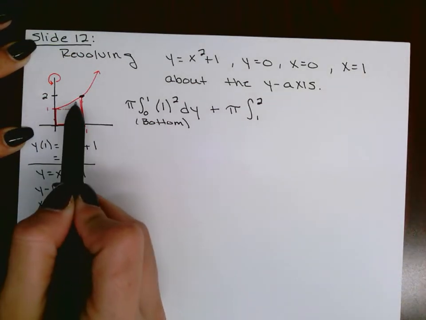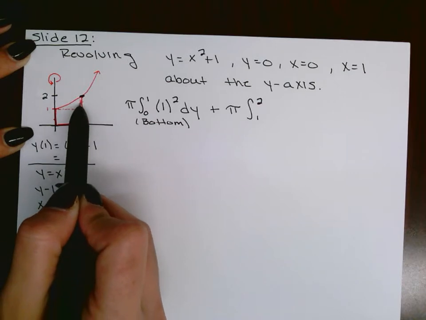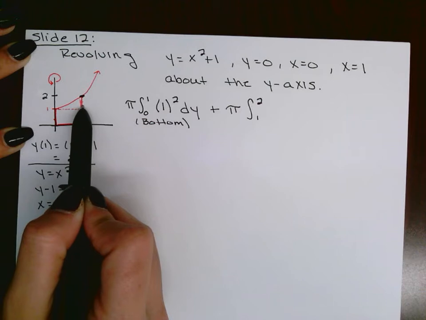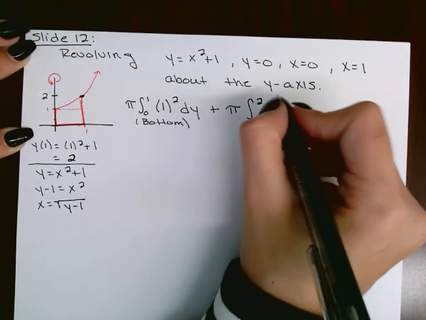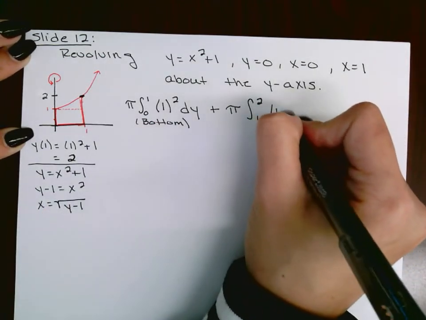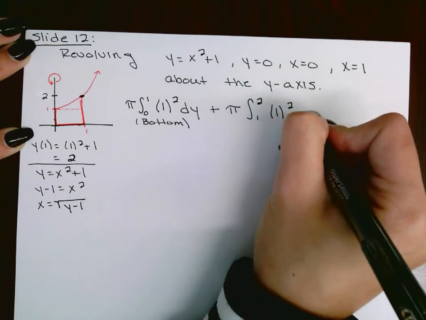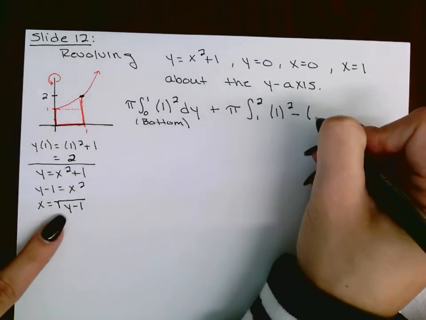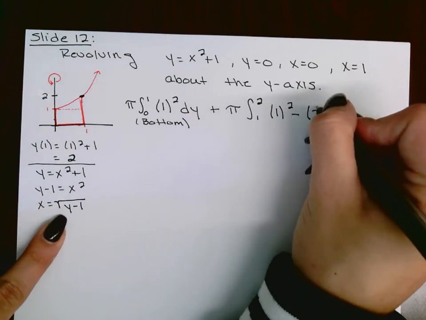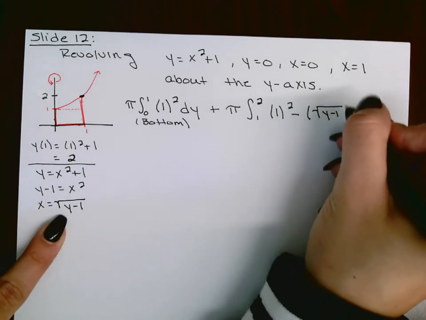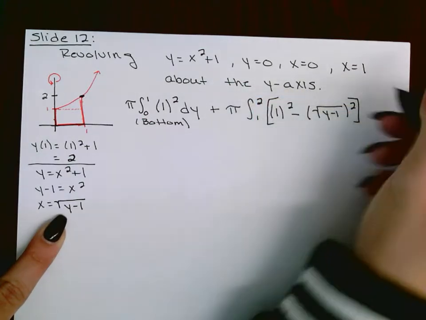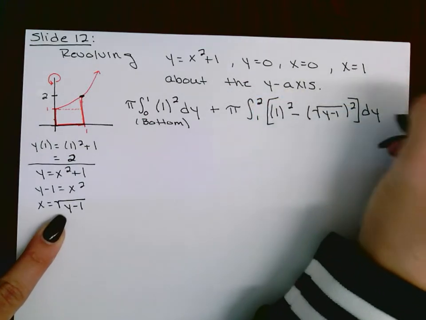So I have to do further function squared minus inner function squared. So the further function here is still 1. So I have 1 squared minus the inner function in terms of y is this that we just found. And then dy.